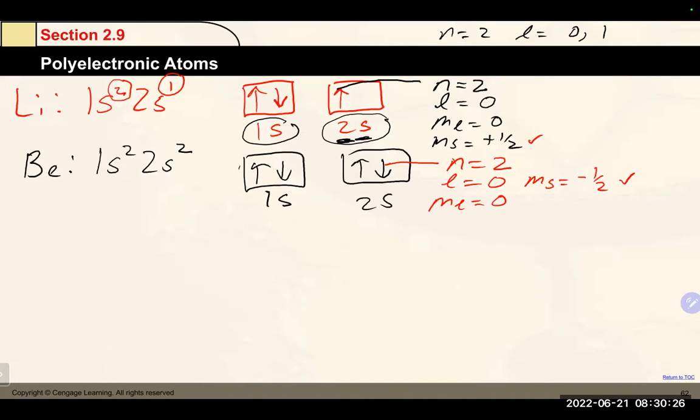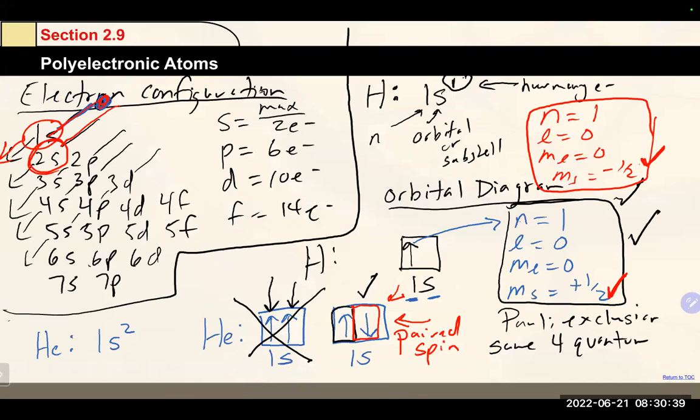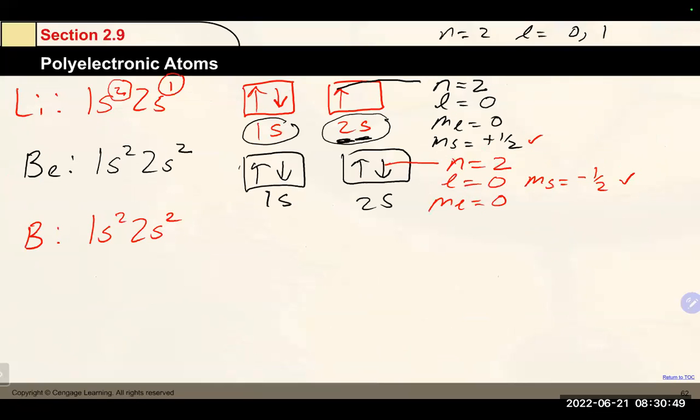Going to boron here, which would be number 5, 1s2, 2s2. We have used 4 electrons, so now we're going to need to go into the 2p subshell to put our next electron. That would then give us 2p1.